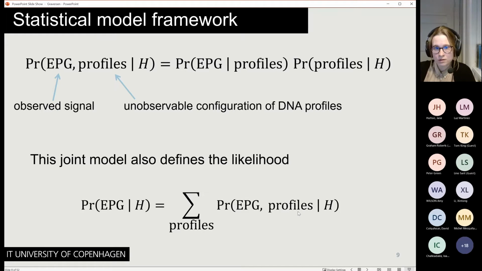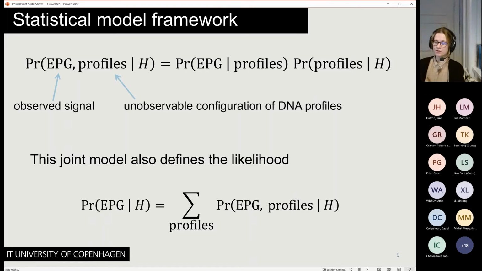All right, so if I have this joint model, then naturally I also have the likelihood, that's the marginal distribution of the data we observe. So this is very classical statistics. Likelihood is the distribution of the data we observe.